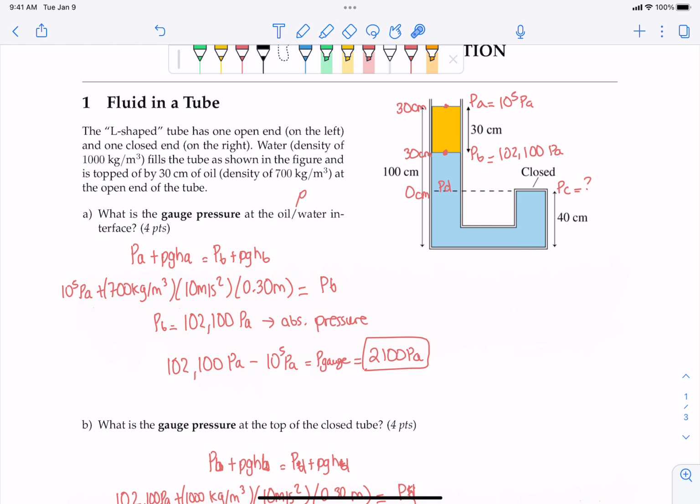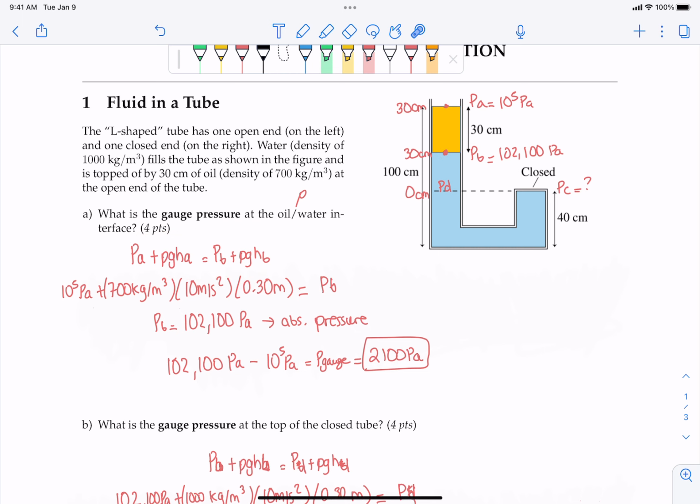So we said that our 2 points are going to be PA and PB, right? And we had set PB at a height of 0 and PA at a height of 30 centimeters. Then we use the hydrostatic pressure equation, PA plus PGHA is equal to PB plus PGHB.